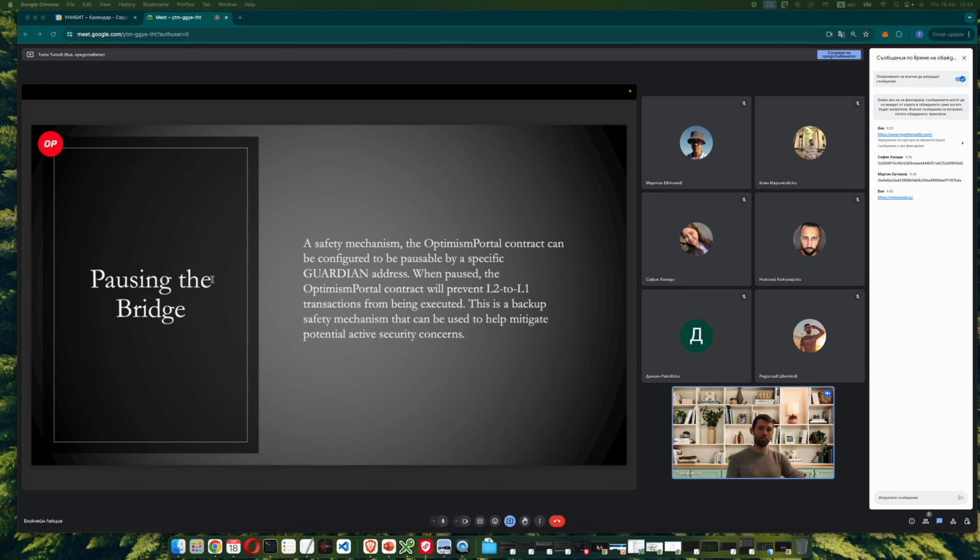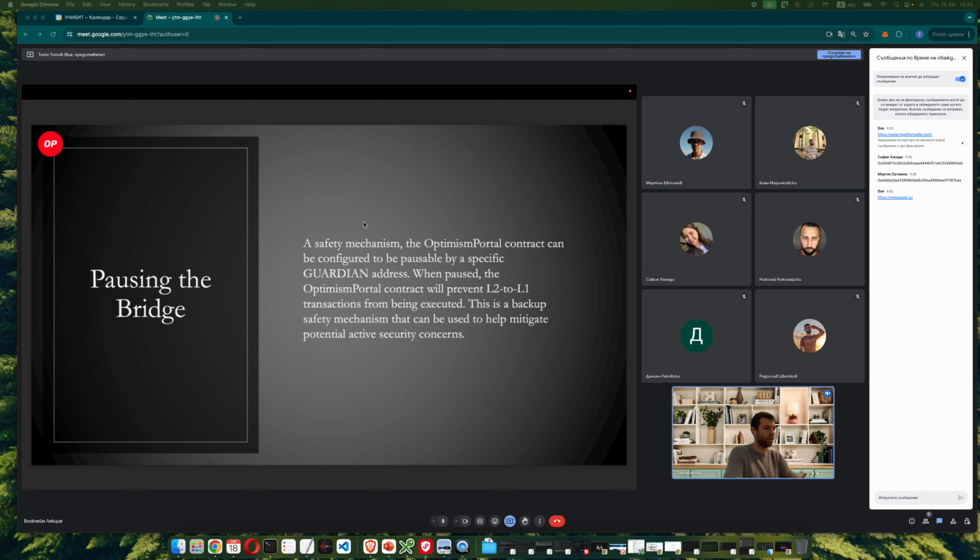There are some other functionalities inside the bridge contract that is used in Optimism. So this is called the pausing functionality. The whole idea is that the Optimism contract can have a specific guardian. This Optimism portal contract is responsible for the bridging.